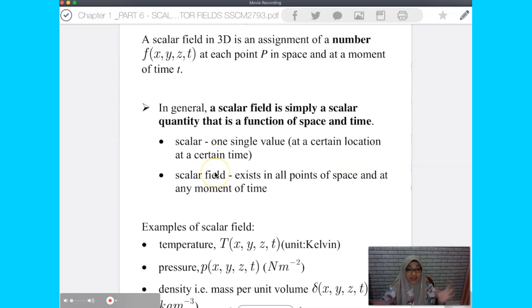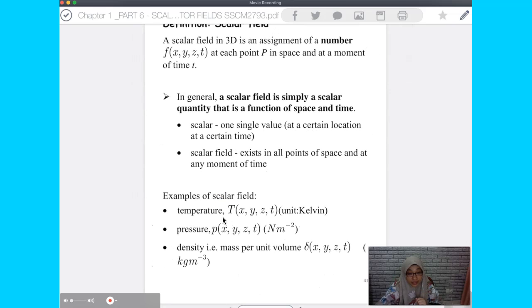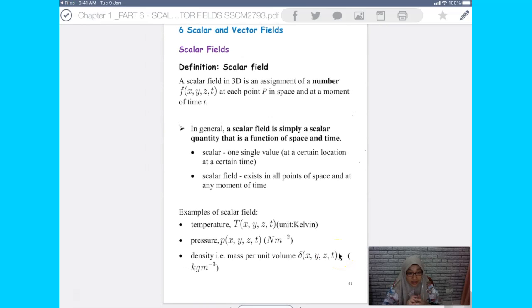I would say that a scalar field is very many points for very many specific times. We also have density, for example. Density is also considered a scalar field, where the density depends on x, y, z, but x, y, z depend on the specific t. So that is a scalar field.